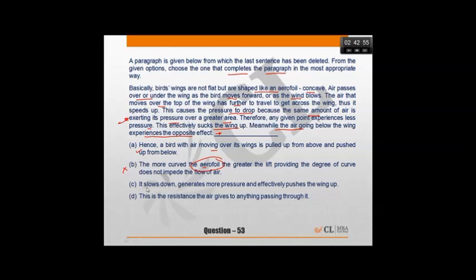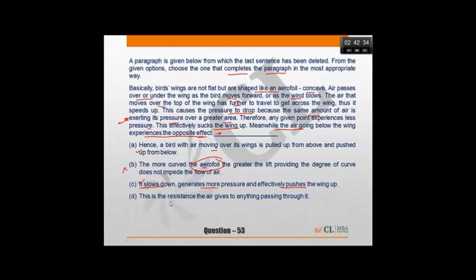Choice C: it slows down, generates more pressure and effectively pushes the wing up. It slows down. What slows down? Meanwhile, the air going below the wing experiences the opposite. So the wind slows down, generates more pressure and effectively pushes the wing up. This also could be correct because it says the air below experiences the opposite effect.